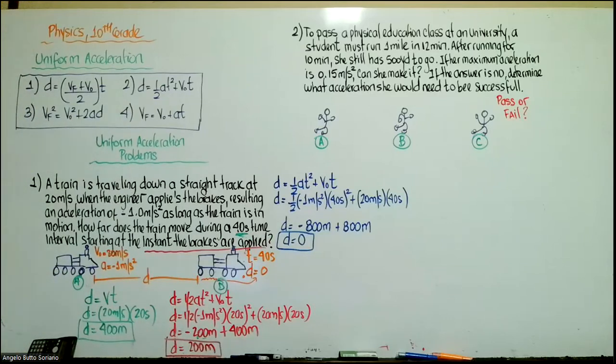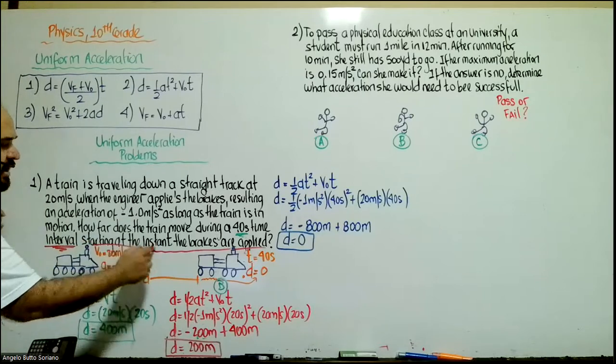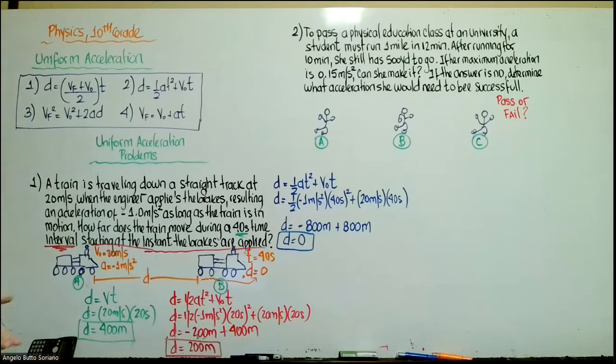It will be 200 meters. But if, instead of using the instant the brakes are applied, the problem only said how far does the train move during a 40 seconds time interval, obviously omitting the last part where it says starting at the instant the brakes are applied, the answer would be 600 meters, from the beginning until they apply the brakes and come to rest, because the distance will be zero, the period of time will be zero, so the total distance will be 200.